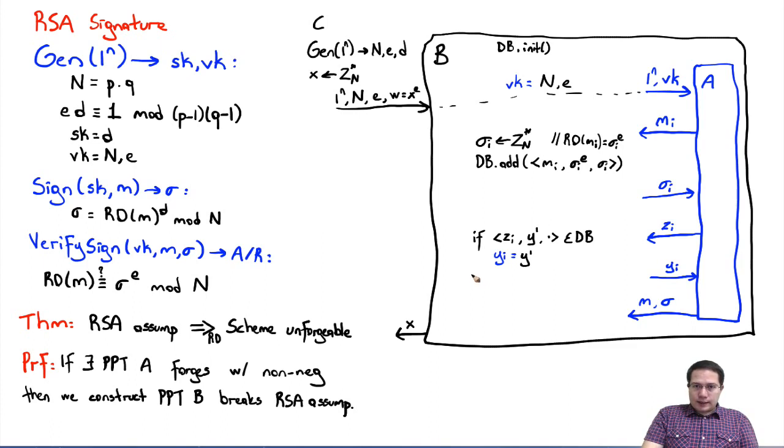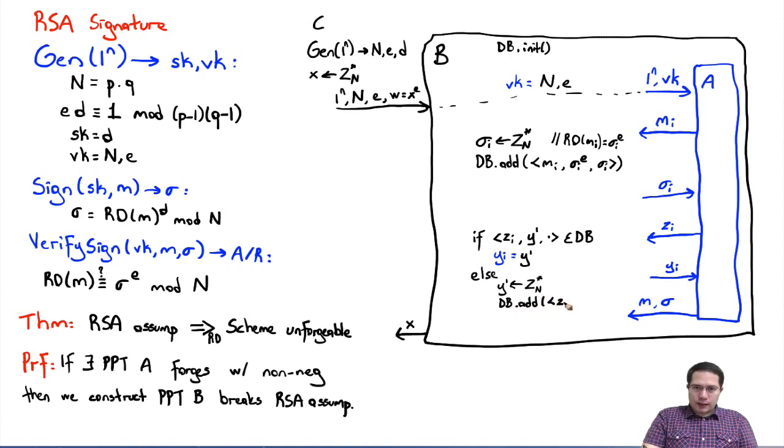Otherwise, let's say this random oracle query has never been made. Now let's pick some Y prime randomly from Zn star. And then what we are going to do is, as usual, add to our database this triple.